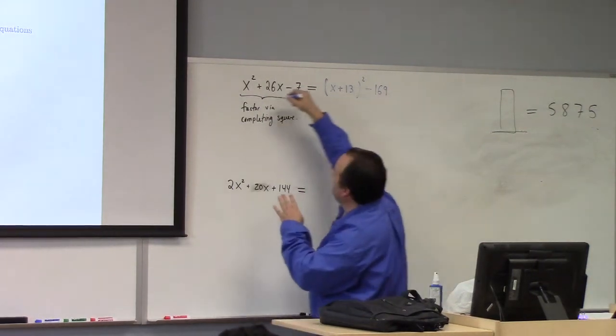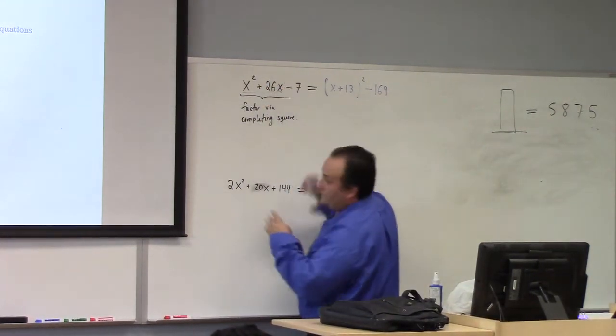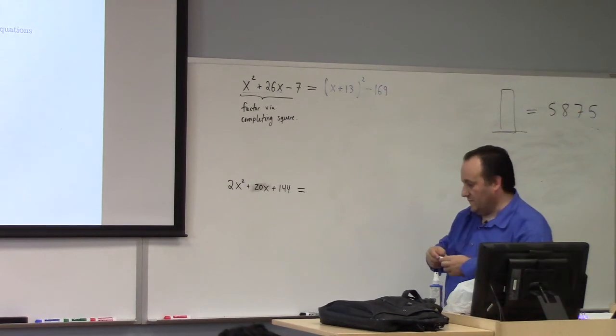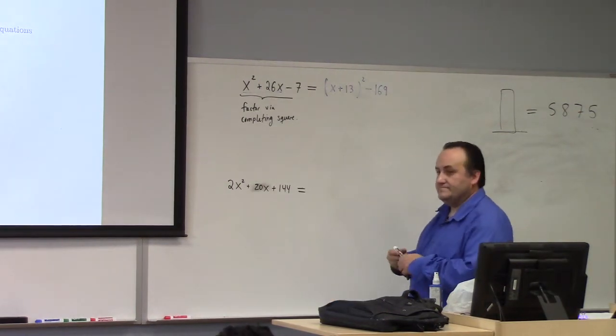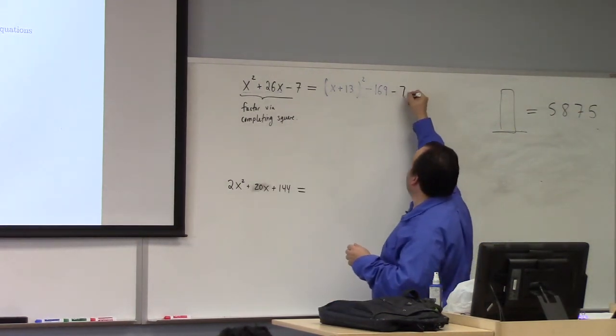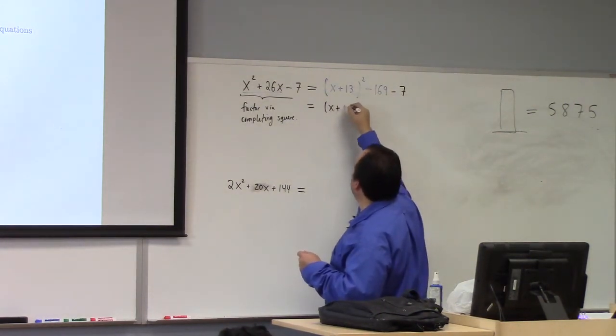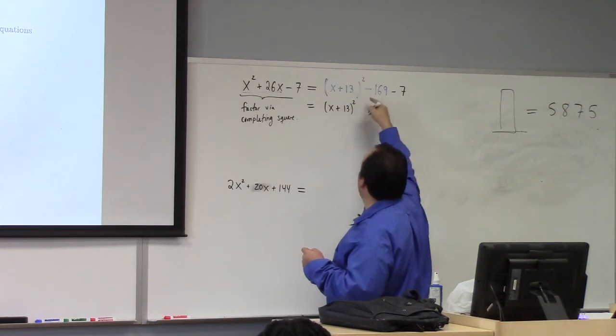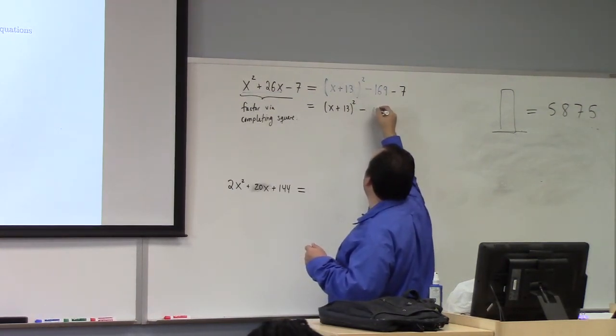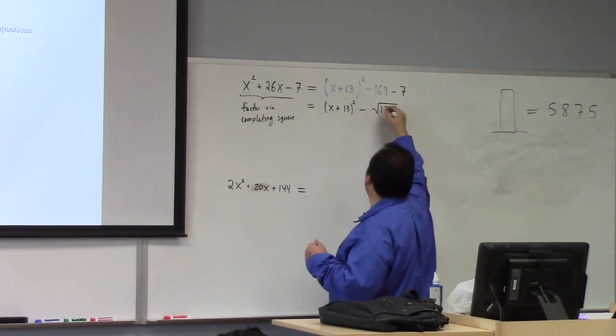These two terms are exactly those two terms. I still have to subtract 7, right? So looks like this one factors because the net result outside the square is negative. So I've got a minus 176. So let's say the square root of 176 squared.